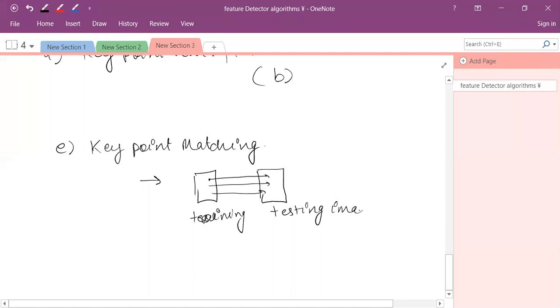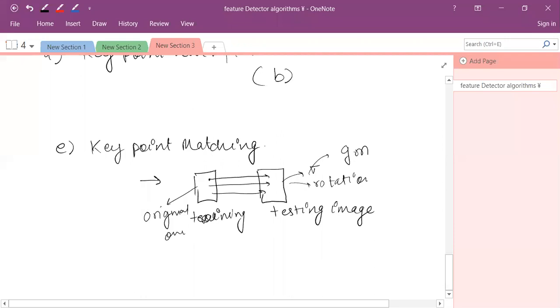In the testing image there are some modifications, like a change in the Gaussian blur filter as well as the rotations, and the intensity or the gradient magnitude also will change. So this is the training image, that is the original one, and this is the testing image.